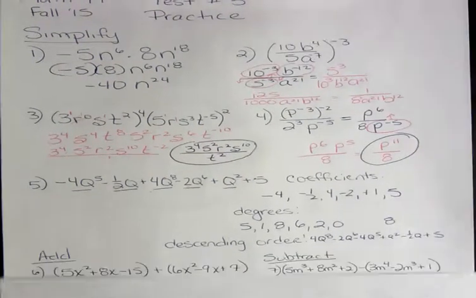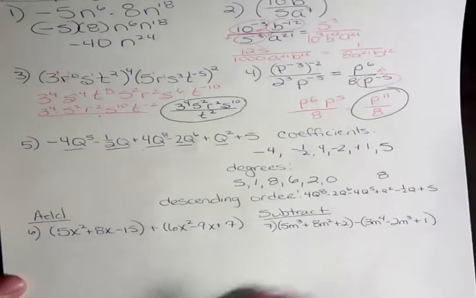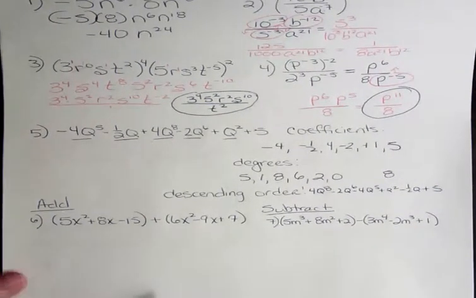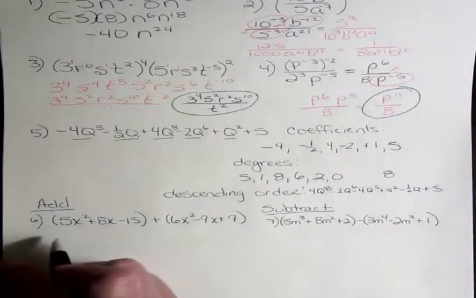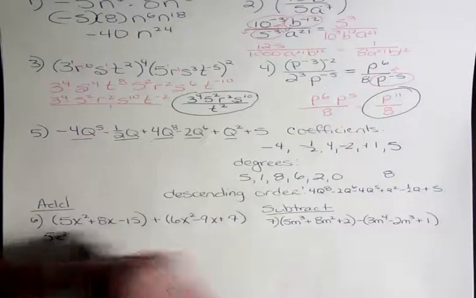All right, so then 6 and 7 are asking you to add and subtract polynomials. Remember, you can only add and subtract like terms. Like terms have the same variable to the same power. So we get 5x squared plus 6x squared.